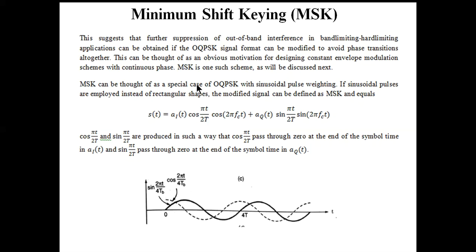So you can see that cos(pi t / 2T) and sin(pi t / 2T) are used to create sinusoidal pulses instead of rectangular shape. Here you can see that this one is the sin(pi t / 2T). It starts from 0 seconds, and its time period is 4T seconds. But the duration of AQ(t) is 2T.